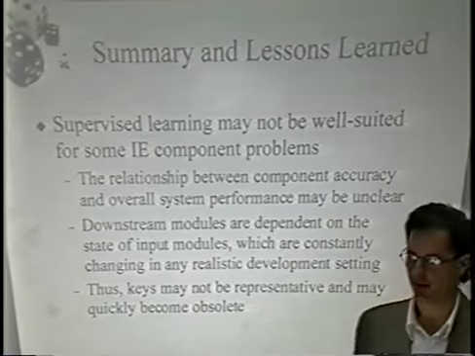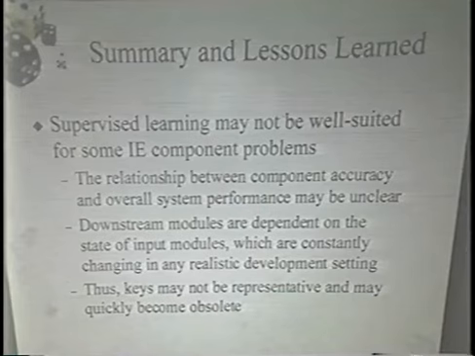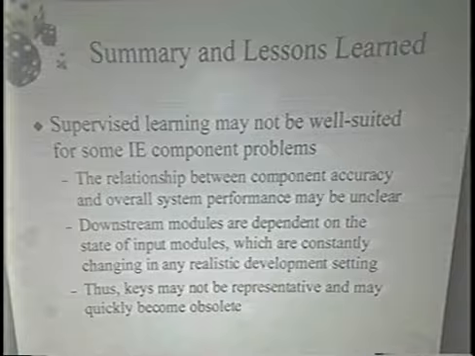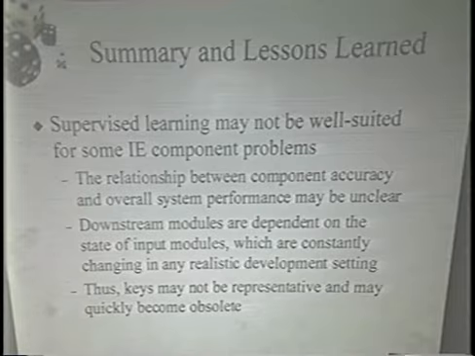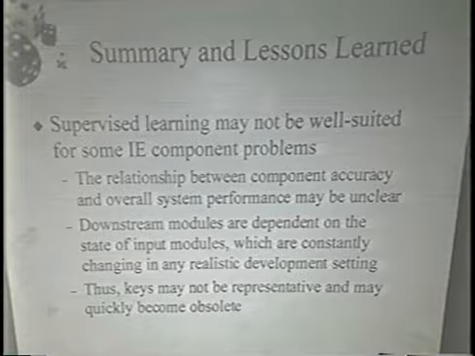So let me just summarize where to go from here, having learned this painful lesson. First, I just wanted to repeat that we might have to push our learning techniques a little bit. The supervised approaches have not gotten to the point, as I said before, where they're the dominant paradigm.